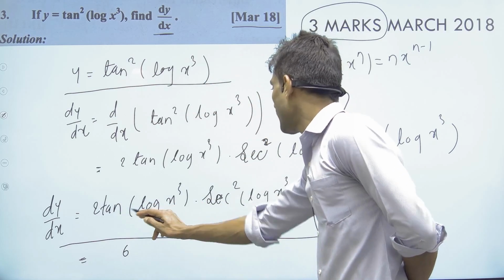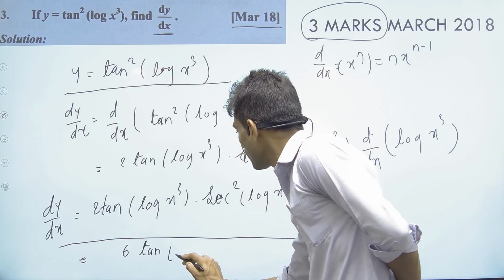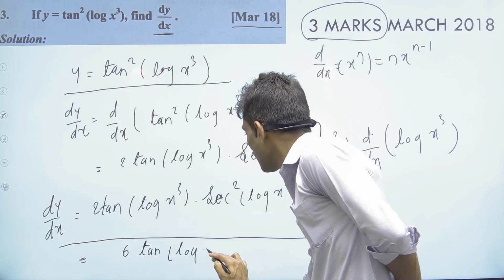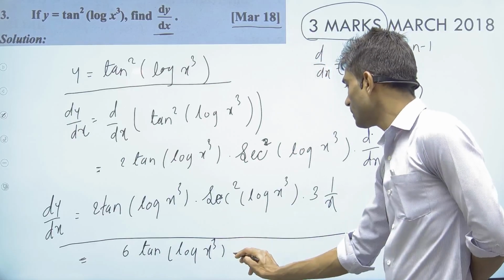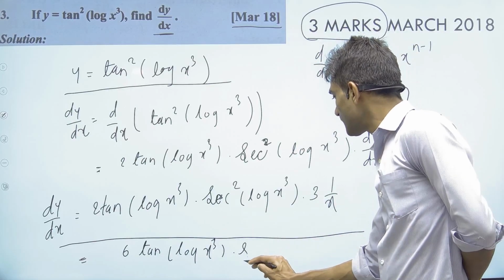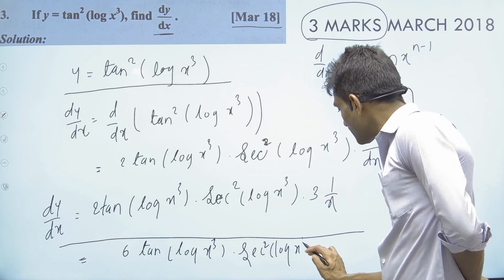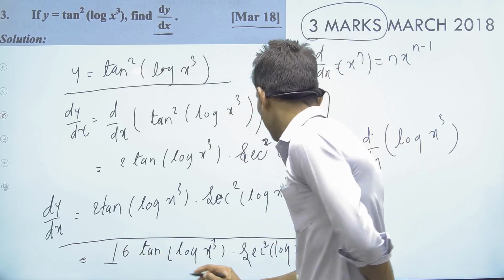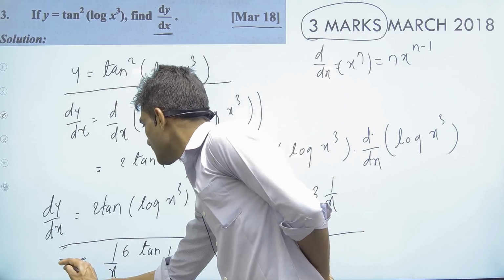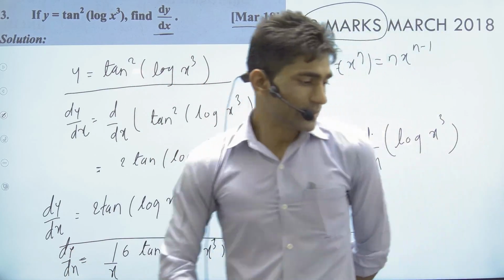After that, tan of log of x cube, multiplied by sec square of log of x cube, and completely divided by x. Okay, so this is our required dy by dx. This is our required answer.